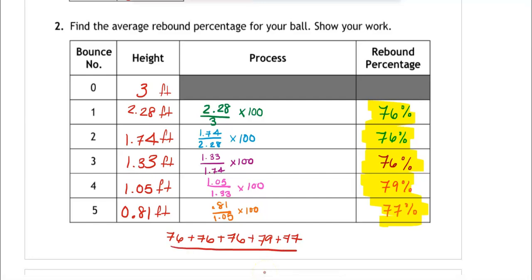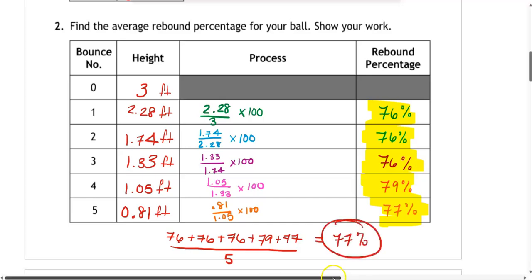I added up 1, 2, 3, 4, 5. So I divide by 5. When I put all of that in the calculator, I get back 77%. So our average rebound percentage was 77% of that ball. Okay?